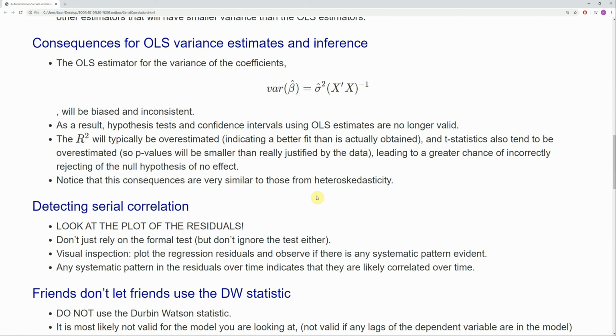So if you just move on and fail to check for autocorrelation and our model has that autocorrelation, we cannot trust our R square, we cannot trust the t statistic, the F statistic, and unfortunately our analysis is not going to have robustness.